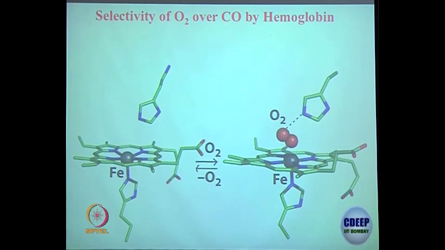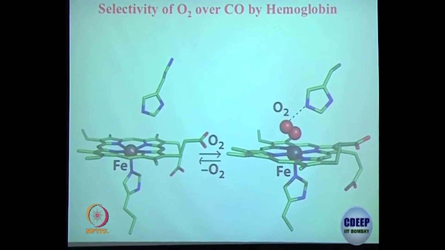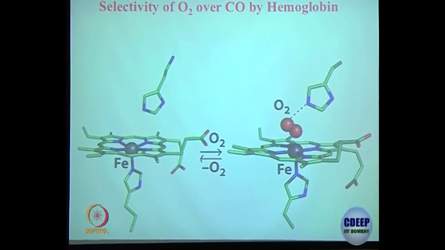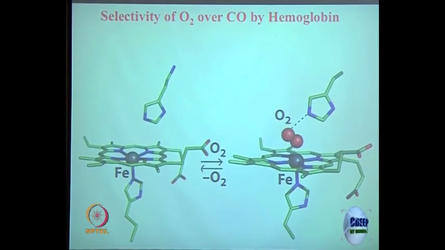The moment the high spin to low spin change is there, all of a sudden there is no electron in eg, and therefore the repulsion of the ligand becomes less and the size of the iron decreases. So in this case iron 2 plus high spin is larger in size, low spin is a little bit shorter in size. A little bit shorter, that's good enough.